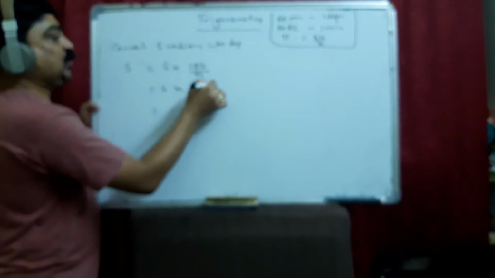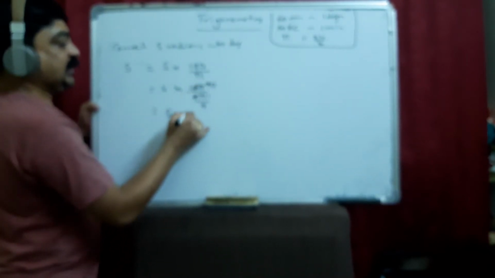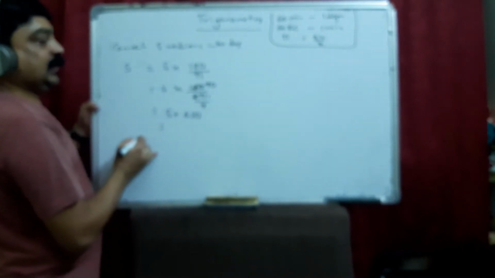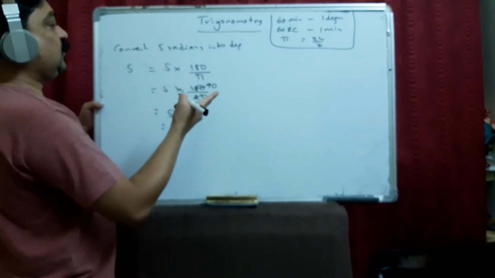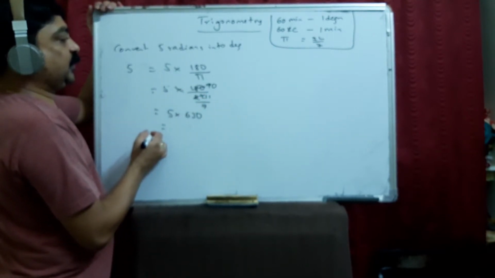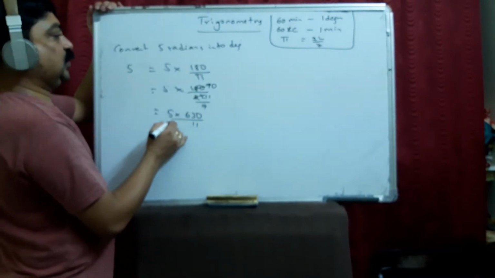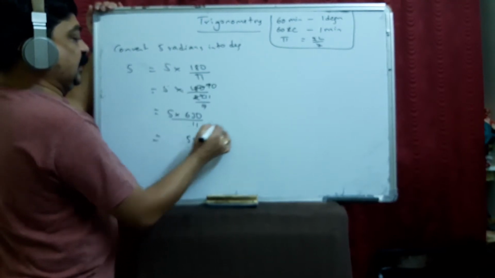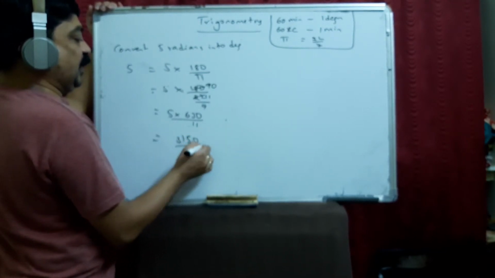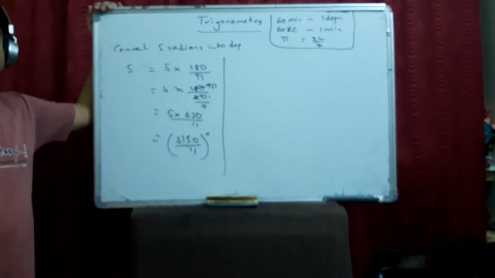So 2 11s are 22, 2 90s are 180, and the 7 will go to the top. 5 into 630 by 11 degrees. 5 3s are 15, so 3150 by 11 degrees. But we are not supposed to leave it like a fraction. Then what to do? I'll tell you.